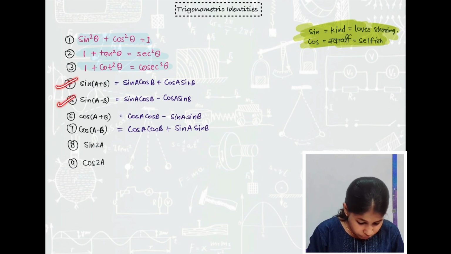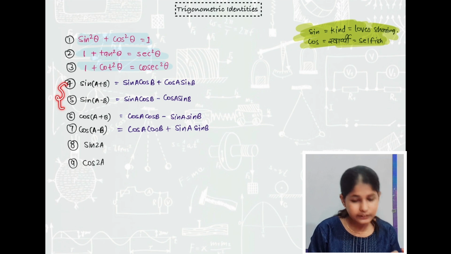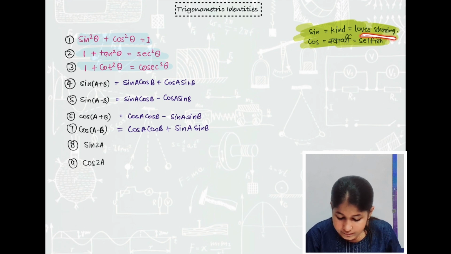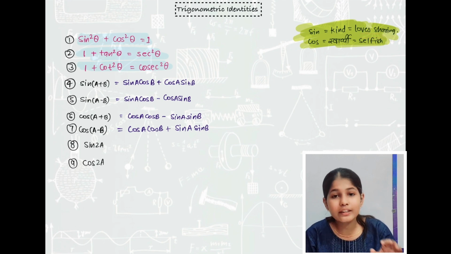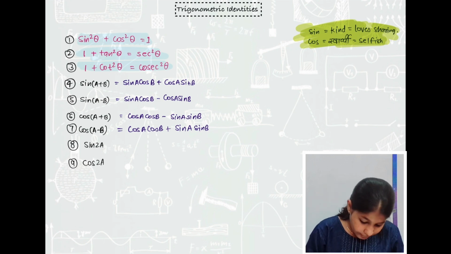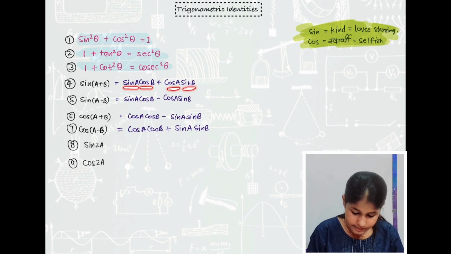So first of all, you have to understand with sin A or only sin, the symbol will always be the same: plus plus, minus minus. But as I have already said, sin is a person who believes in sharing and loves sharing. Then sin A, then cos B, then cos A and sin B.